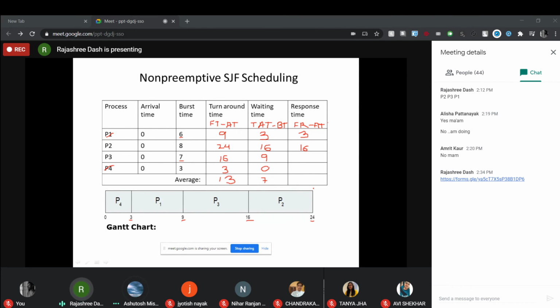The response time for P3 is 9. For P4, the first response is 0 and the arrival time is 0, so overall the response time for P4 is 0.